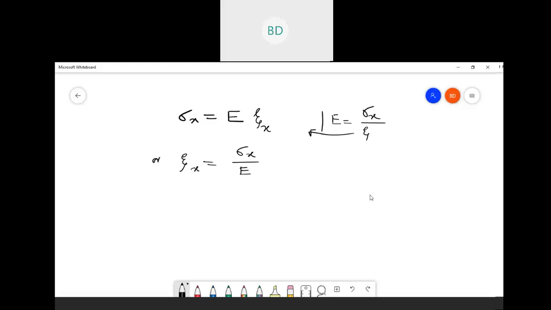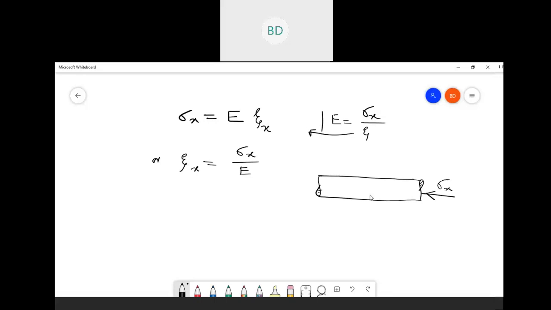Now let me show you one thing. Suppose you have a rod like this. Let me compress it in x direction.